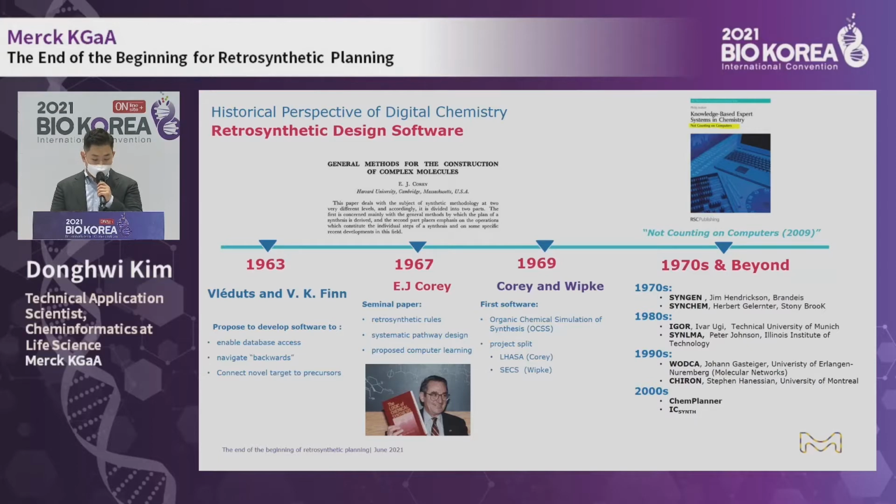In the early 2000s, with the success of IBM's Deep Blue, the power of computers drastically increased, and there began to be renewed interest. Since then, we have seen steady growth in machine learning, AI, and in silico retrosynthetic planning tools. One of them was Chematica, and today it is Synthia.